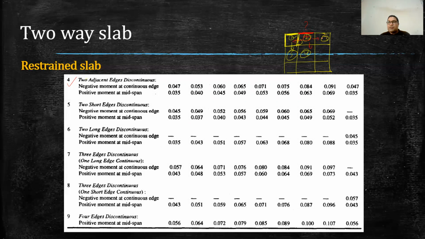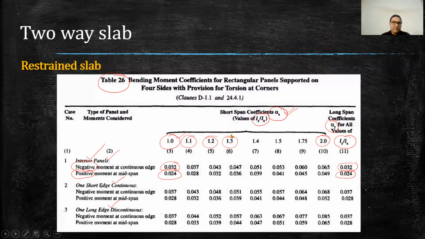Similarly, slab 3 will be identical to slab 1. And if I talk about slab 4, the middle one, you can see all four edges are continuous. So slab 4 will fall in category 1. Category 1 means interior panel. Now, an interior panel is a panel which has all four edges continuous.